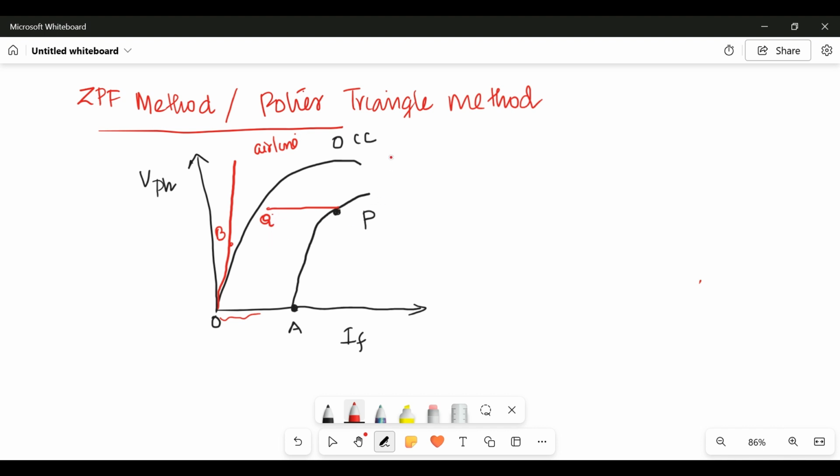Then from Q, draw a line parallel to the air line, which intersects the OCC at a point R. You need to draw a line parallel to the air line. That line can be drawn using set squares, parallel lines.